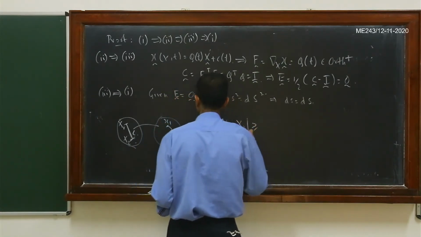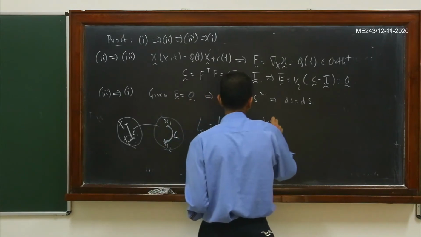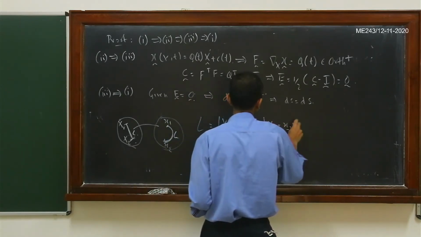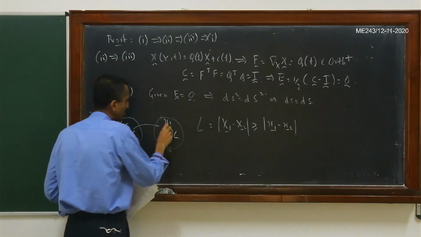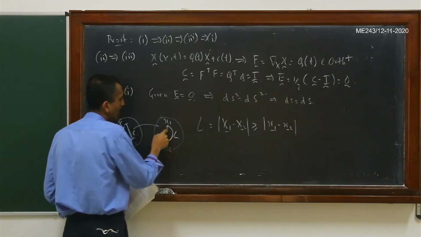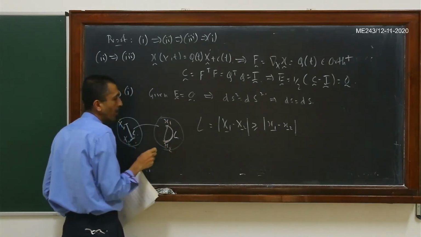That is going to be greater than or equal to |x1 minus x2| in the deformed configuration. Because it has gone into a curve, this L is always going to be greater than or equal to the distance between these 2 points x1 and x2, right?